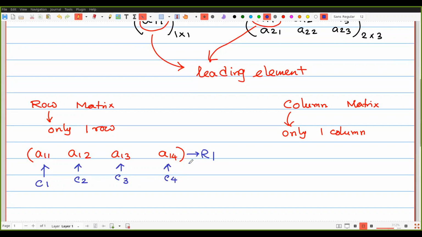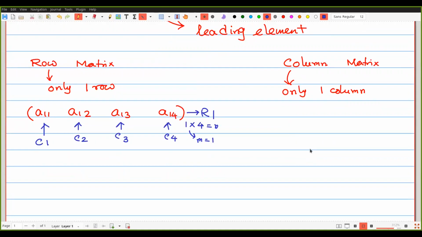So we can say the order of the matrix is 1 cross 4. That means m is equal to 1, n is equal to 4. That type of matrix, where only one row is present, whatever be the number of columns, is called a row matrix.